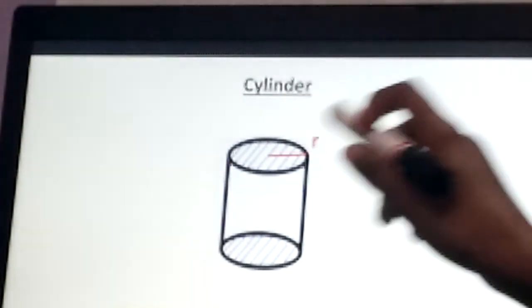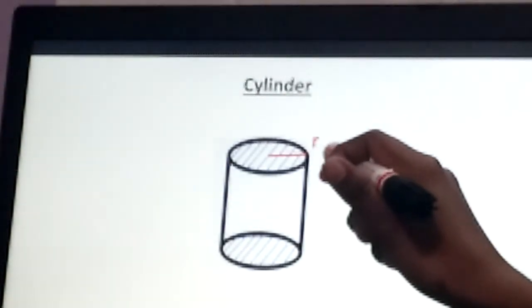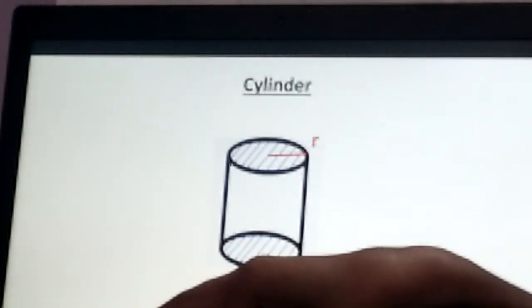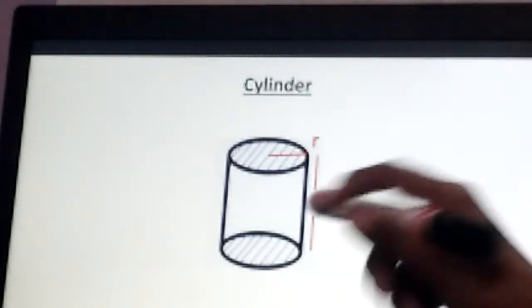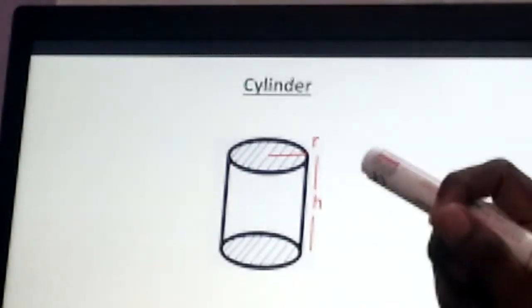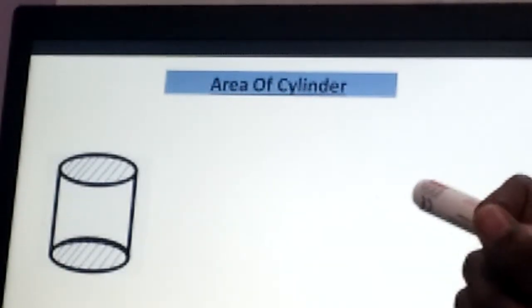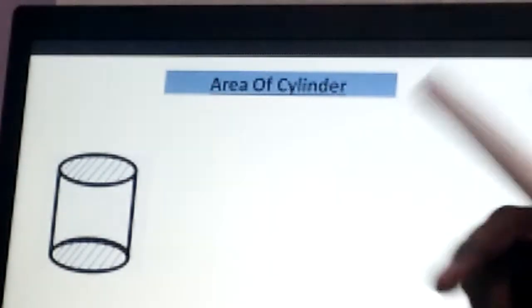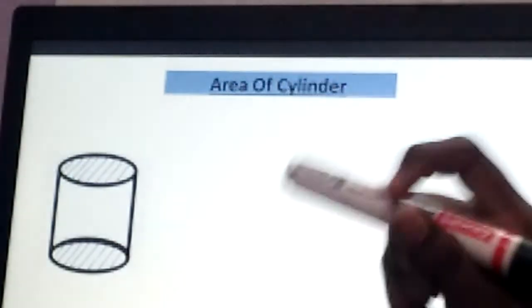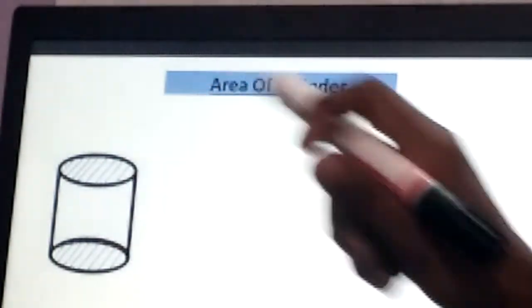One is the radius of the circle, represented by r, and the other is the height of the cylinder, represented by h. If we look at the cylinder closely, we see that there are three parts in the cylinder. One is the top circle, one is the bottom circle, and the middle part is the circular body.